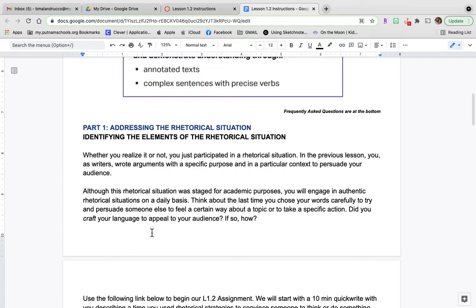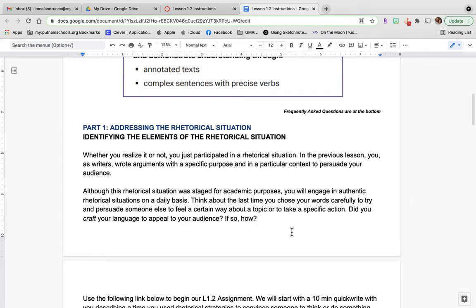Although this rhetorical situation was staged for academic purposes, you will engage in authentic rhetorical situations on a daily basis. Think about the last time you chose your words carefully to try and persuade someone else to feel a certain way about a topic or to take a specific action.